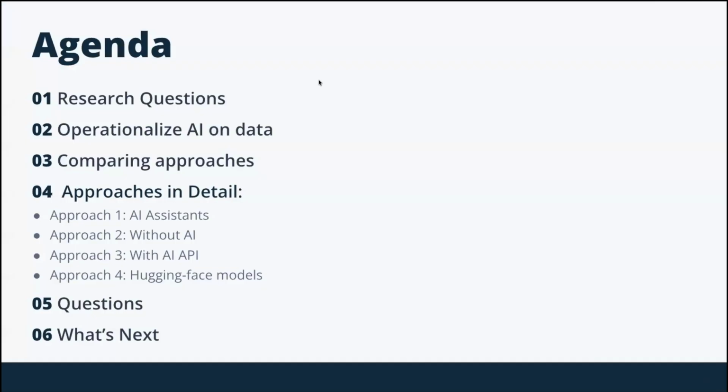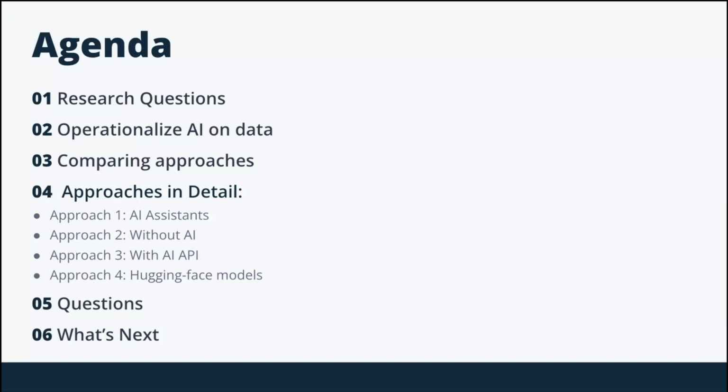We're going to walk through four different approaches to working with AI and data. We'll start by introducing an overarching research question, a realistic problem that researchers and faculty members face all the time. Then we'll look at four ways to approach that problem. First, we're going to use an AI assistant.